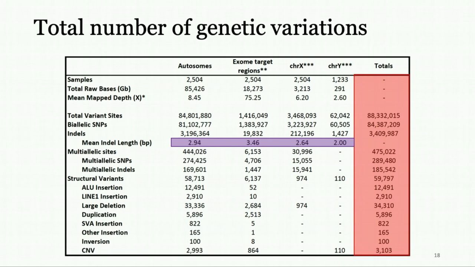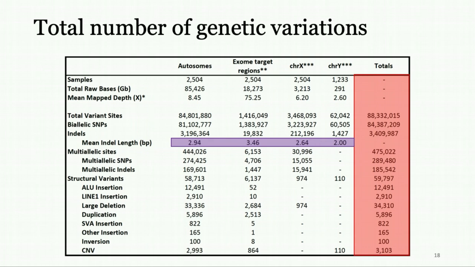I just want you to pay attention to the last column, because with different technologies and looking at different regions, you're going to have different numbers. In total, we have about 88 million genetic variants identified in 2,500 individuals.